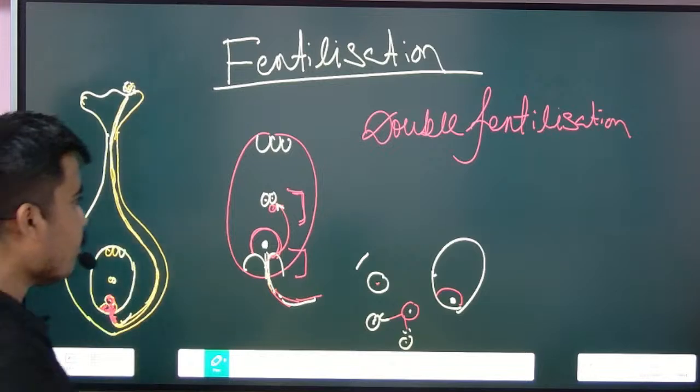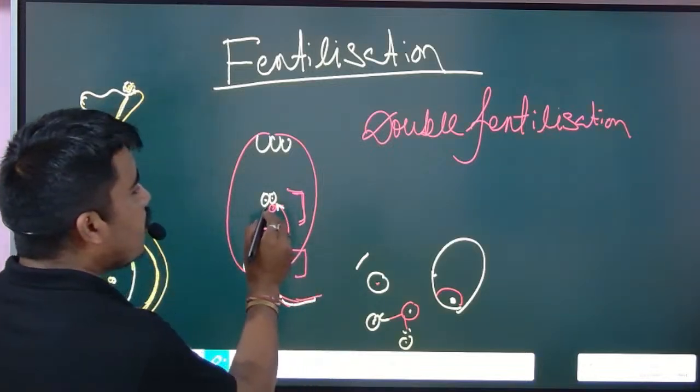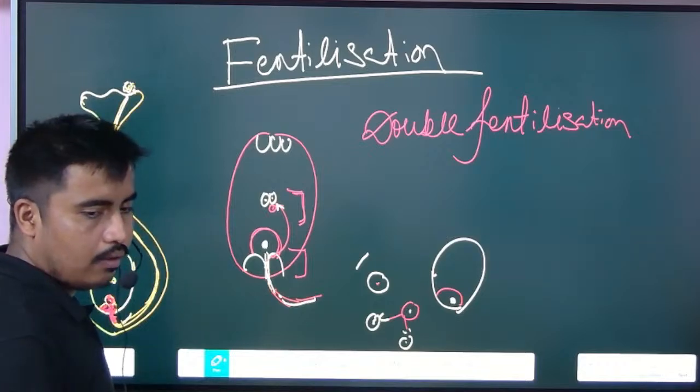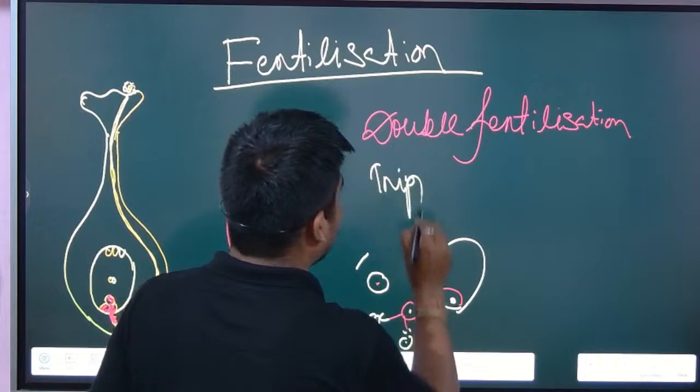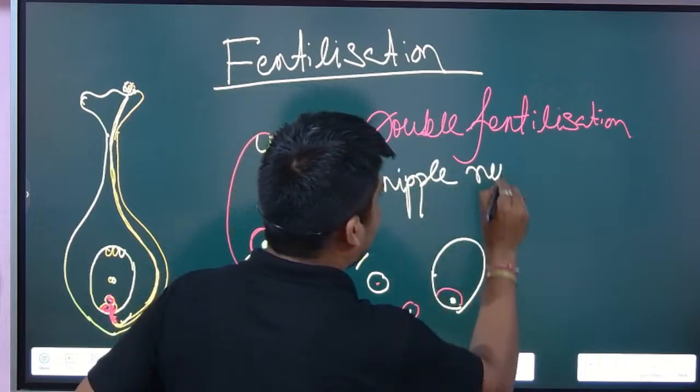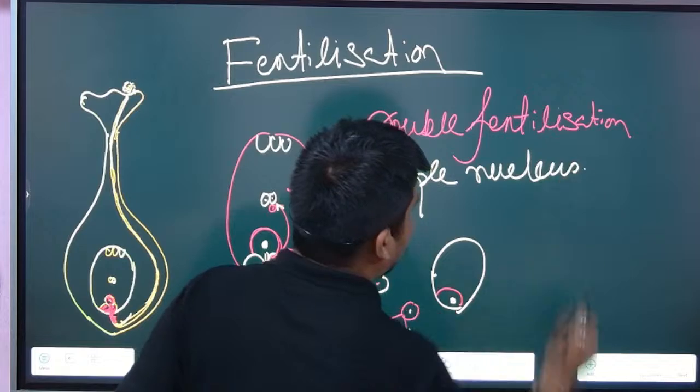And here you can see there are three nuclei now, so it is called triple nucleus. Got it?